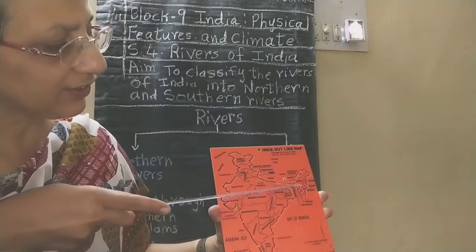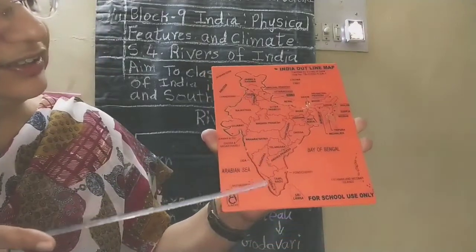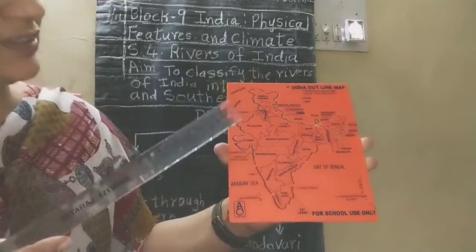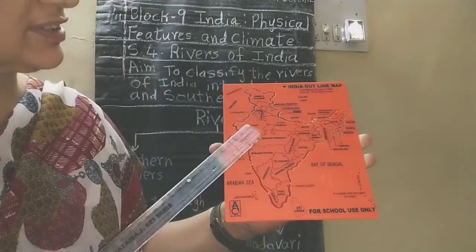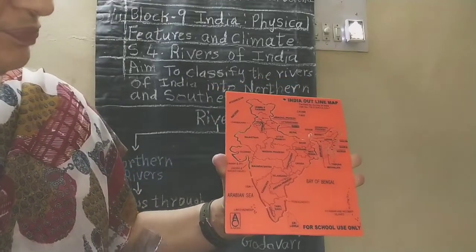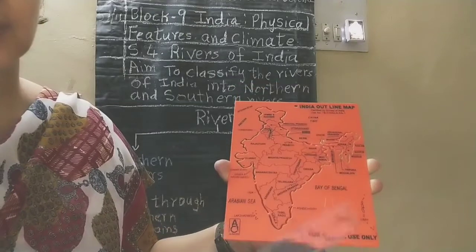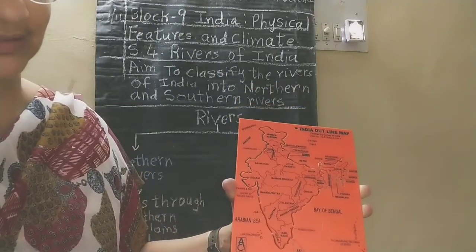It has been divided how? Here, this is northern and this is southern. I hope you can see. I'll show you in the book also. It is there in the book. This is Godavari there. Now all the rivers here come under blue color, children.